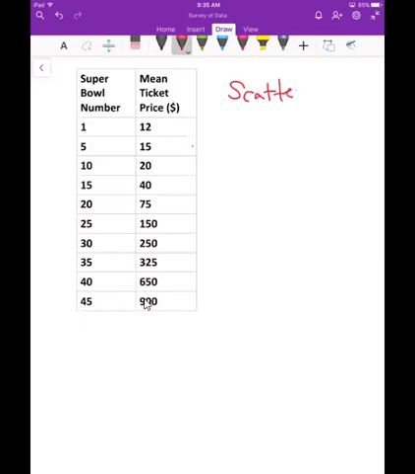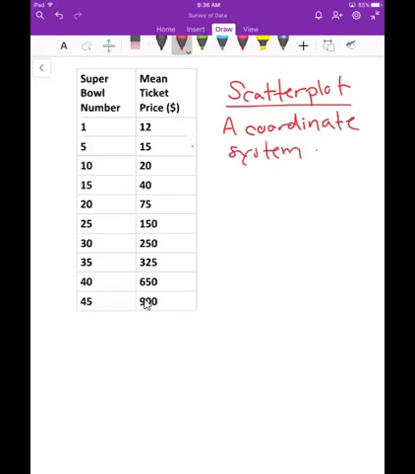So you've read about those in section 6.1, but a scatter plot is just a coordinate system, so those axes with plotted ordered pairs. So what we're going to do is plot all these ordered pairs we have into one coordinate system to create a scatter plot.